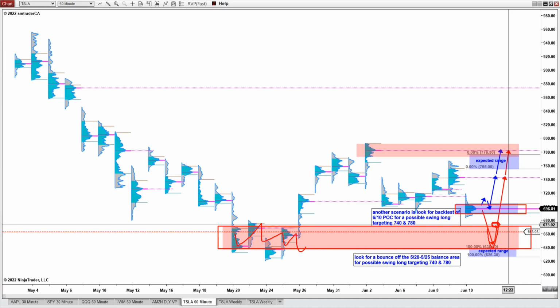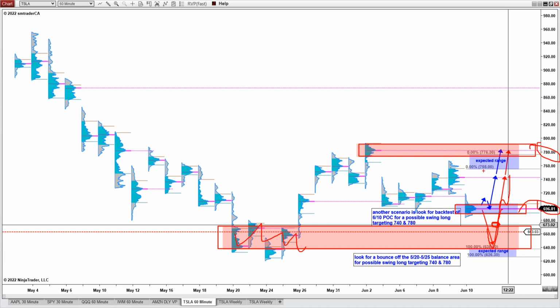Then we look for a long to swing it back up to a very short target of this point of control at 696, Friday's point of control. And if we can break out of this value area, then we target back up to this 740 area, and then trail it back up to this high volume zone somewhere around 780.